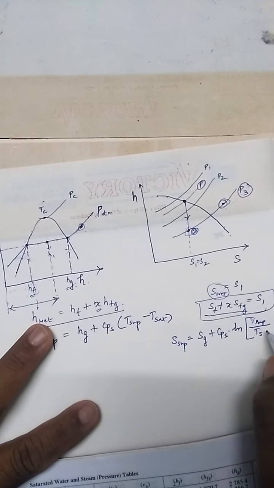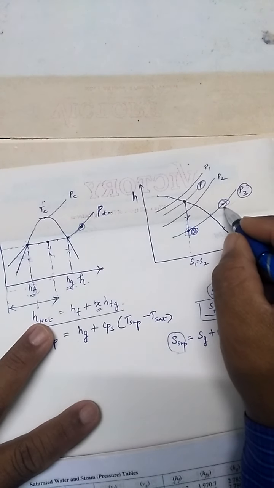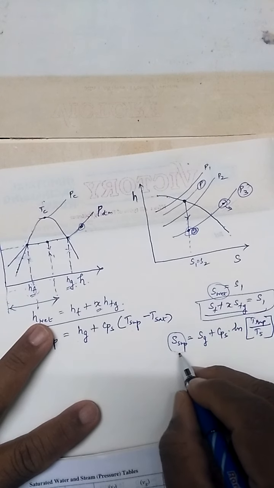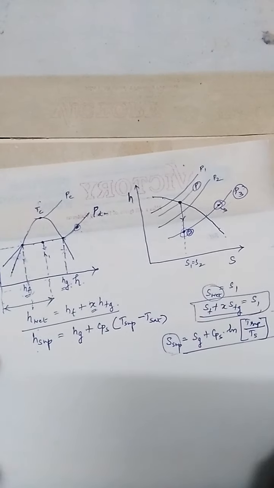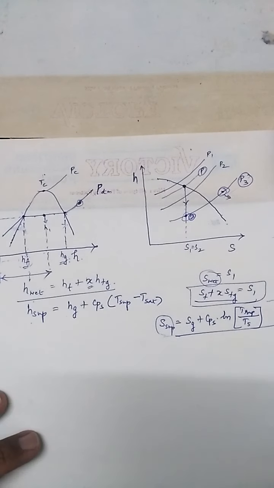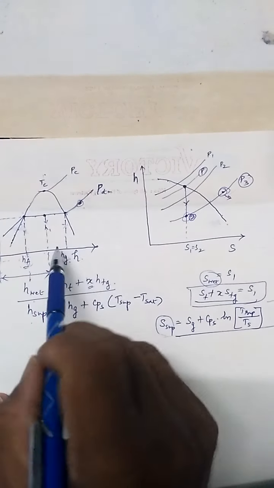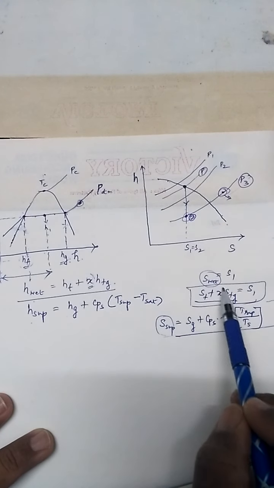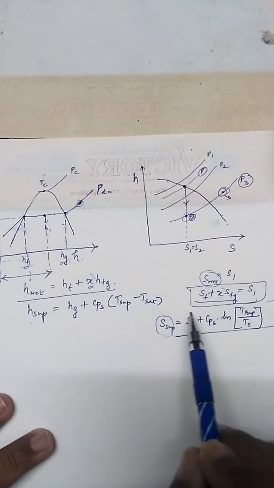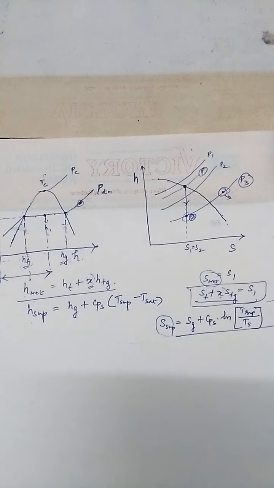Both should be in Kelvin. If you put all this in, we will get the superheated value of s. So entropy s will be calculated using this formula. I think you can find the relations in this. For anything in the wet region, we have to get the x value first, then calculate either h or s using this relation, and we can calculate the data using the steam tables.